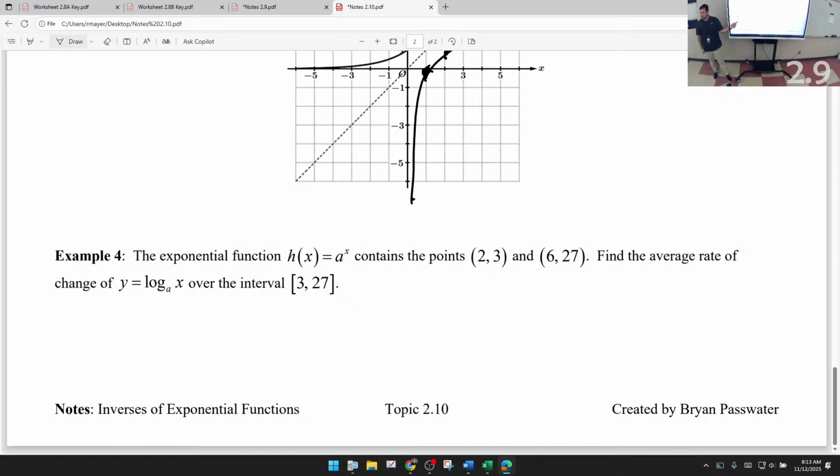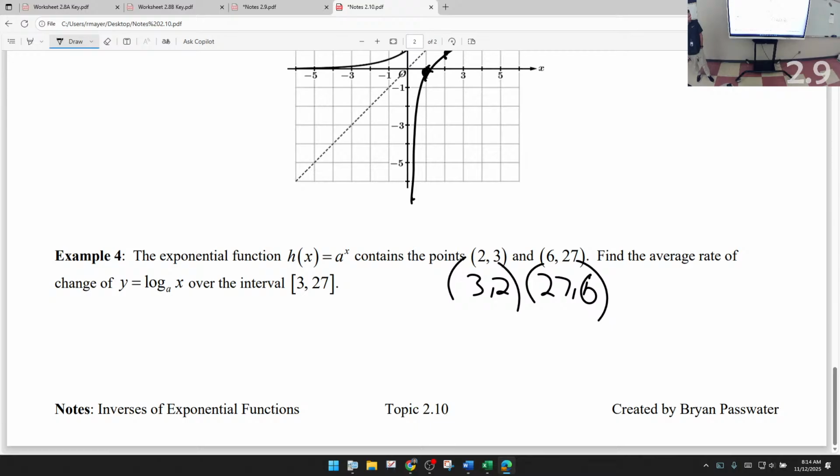What type of function is this? Logarithmic. What do we know about the difference between logarithmics and exponentials? They're inverses. And so if that goes from 2 to 3, if it goes from 2, 3 to 6, 27, then the exponential has to go from 27, 6, and 3, 2. Okay?